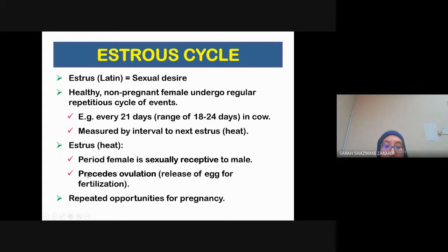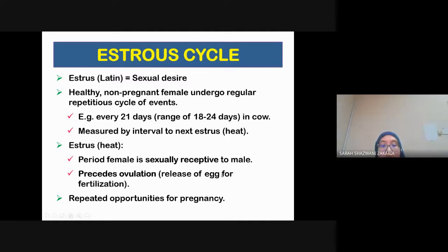So the behavior of being on heat towards the male is prior to the ovulation event. The animal will be on heat first, and then the ovulation event follows.